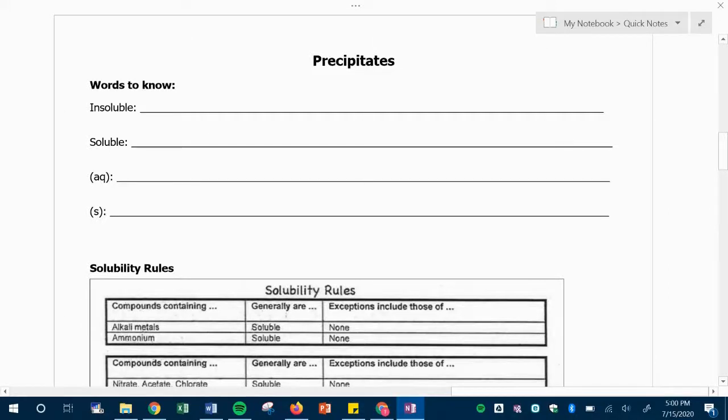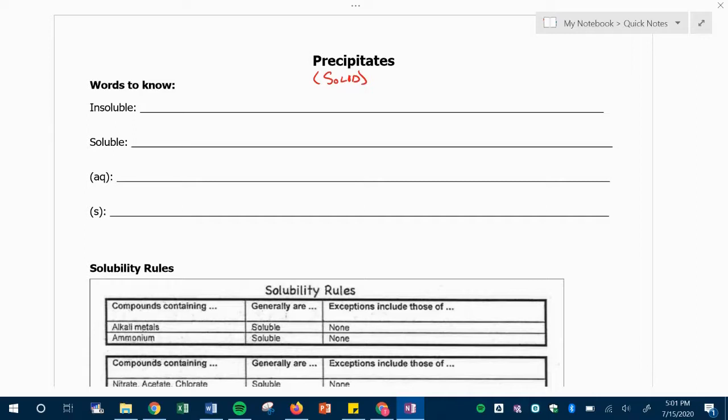All right. So for our last video, we actually need to talk about precipitates. Before we get too far into this process, a precipitate is just a solid that's produced when you mix two substances together. So let's say we have something like salt water, so salt dissolved in water, and then we have this other substance that's also dissolved in water.